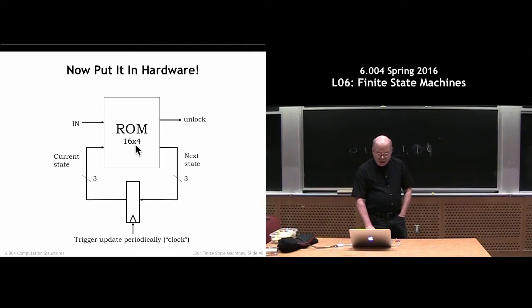So this is a 16 by 4 ROM, and here's our state register, our 3-bit state register. And notice that we've marked these wires here as being 3-bit signals. This represents the current state, and this represents the next state. Now sometimes people get a little nervous about seeing a register whose output value is being used to compute its next input value.